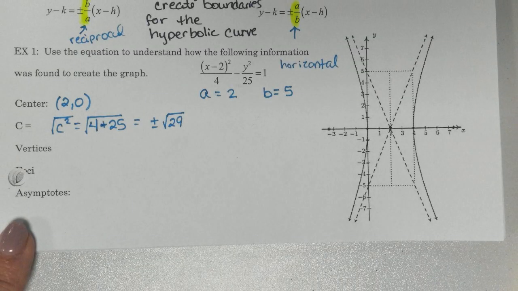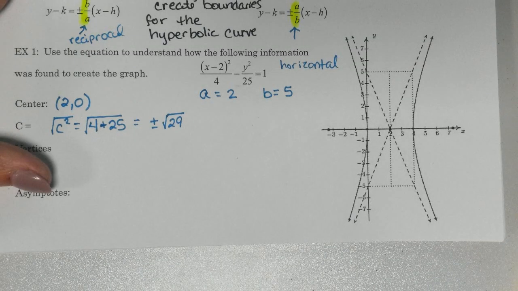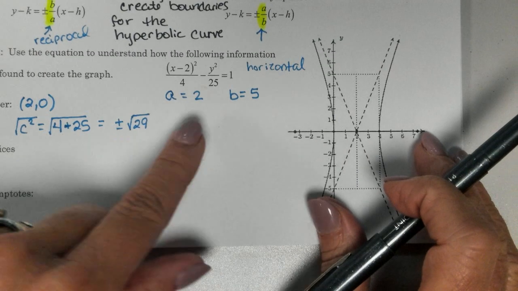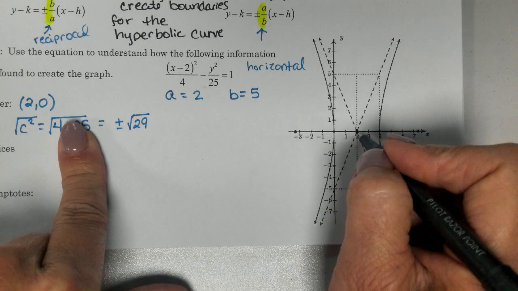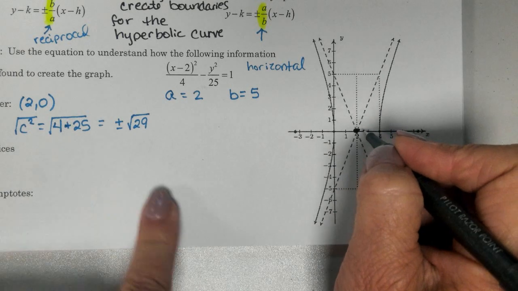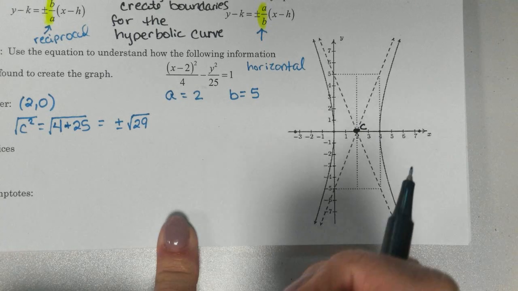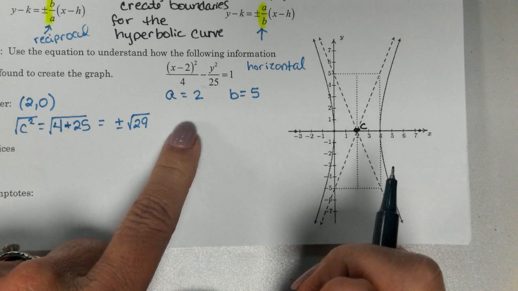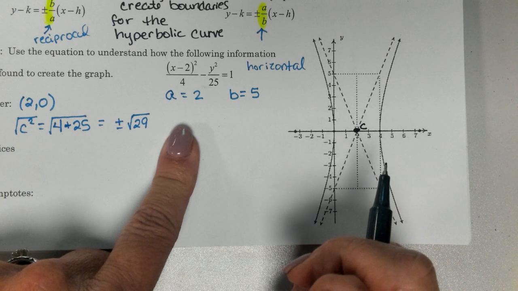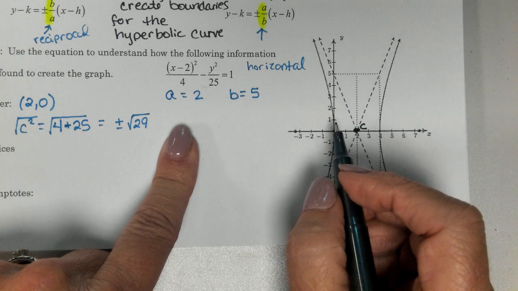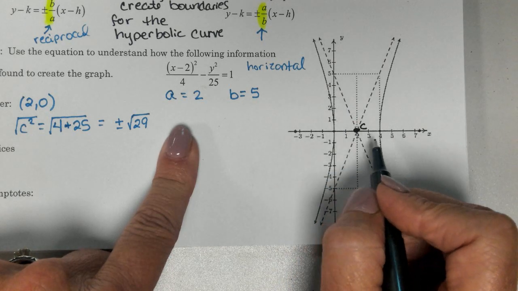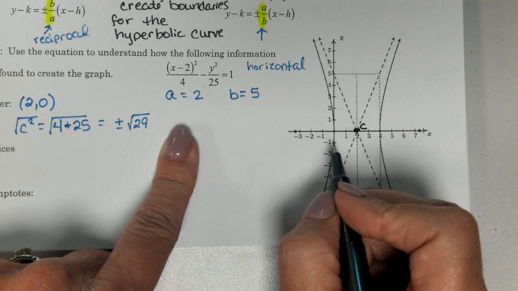Now, let's go over here to our graph. We've got our center. Our center is right here at 2, 0. Okay. To get to our vertices, since this is a horizontal, our vertices are going to be on our horizontal axis right here.